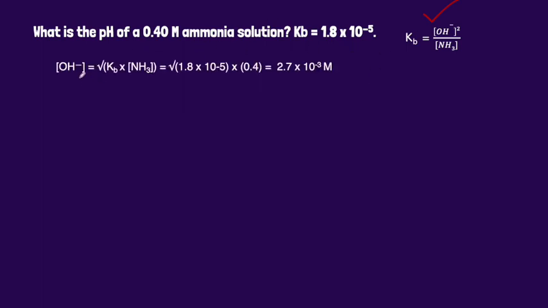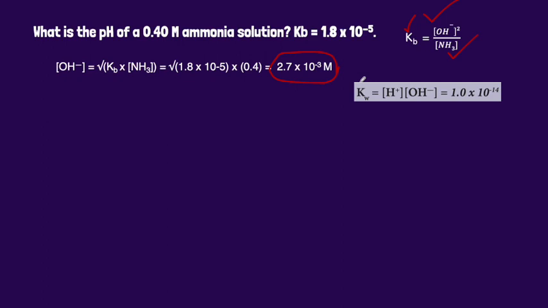So all I did was switch my equation around a bit. I did have the molarity for ammonia, and I do have the Kb value. So all I did was take it to the other side of the equation and took a square root of that, and this is how I have my molarity of hydroxide.